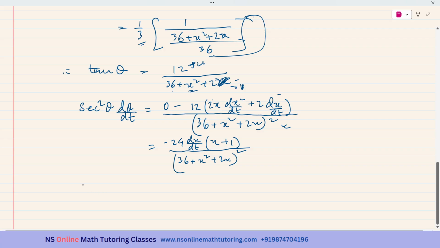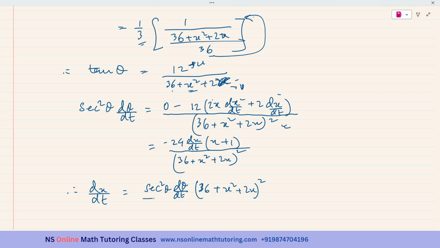So I have to make dx dt the subject of the equation. So therefore dx dt is equal to, let me first of all get the value of dx dt. If it is minus, I'll be taking the absolute value, so it will be a plus sign. It will be a positive value. But first of all, let me get the answer. So sec square theta d theta dt times 36 plus x square plus 2x whole square over minus 24 x plus 1.